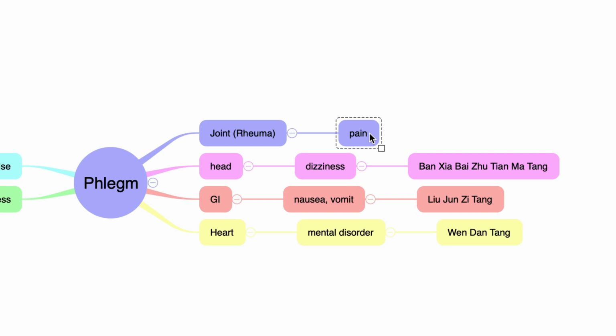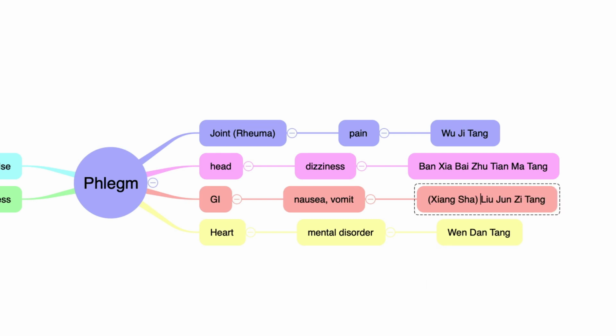And pain, the most representative formula might be Wu Ji San. This is not among the 83 formulas, but it is super famous and super useful. I will explain this formula later. So remember all those formulas based on their location and the phlegm. This is how the formula is composed based on pathology. So what you learn in theory class should be connected to clinical classes seamlessly.